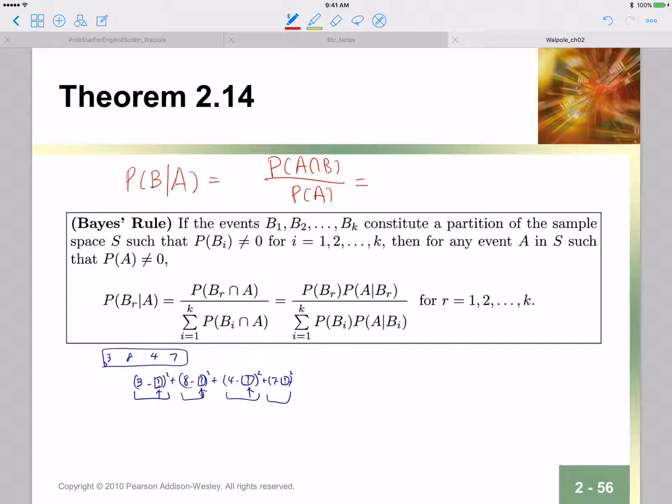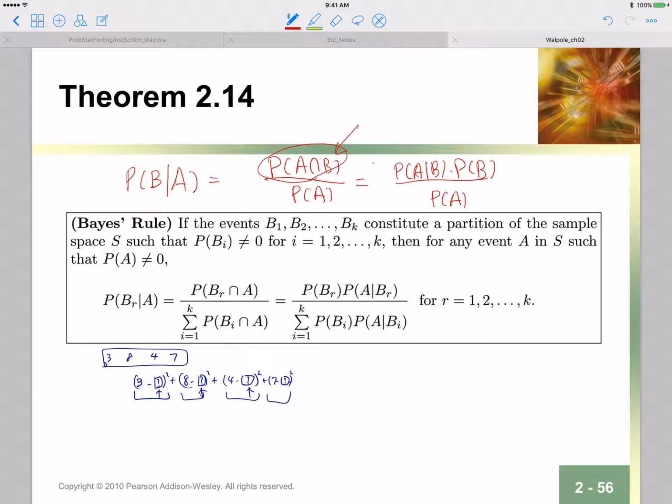Okay, so in this case, we can further rewrite the numerator in this form: A given B times P of B, right? That way, this joint probability can be rewritten in the reverse steps.